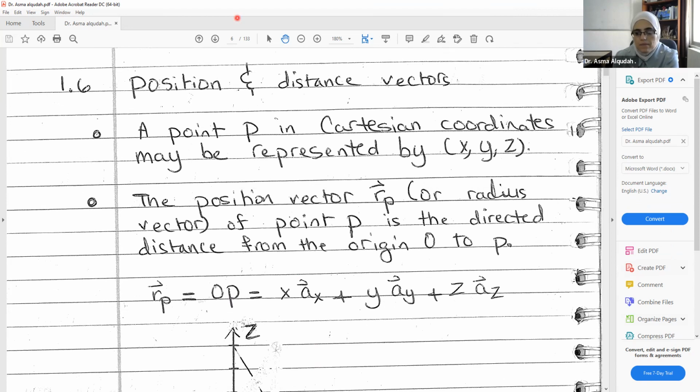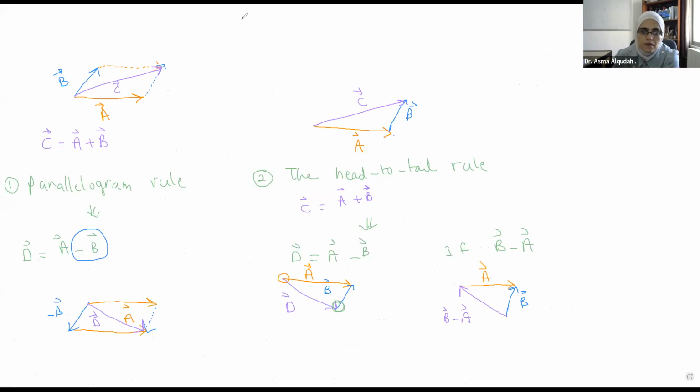Let's define a point P in the space. So let's draw the Cartesian space. This is the x-axis, this is the y-axis, and this is Z, and this is the origin. Now let's say we have a point P somewhere in the space. This is P.